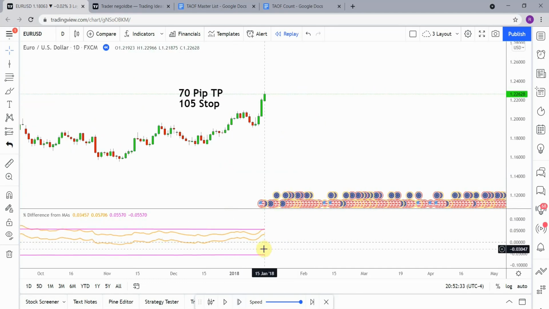Okay, so if we pay attention to the coordinates right over here, we can see that we have a set of coordinates for the upper purple line at 0.0557, and you can see that we have coordinates for the 2 orange lines, oscillating lines.